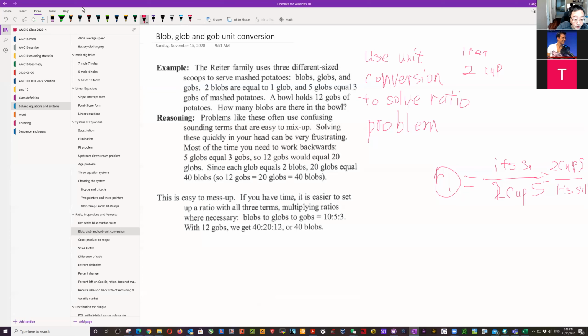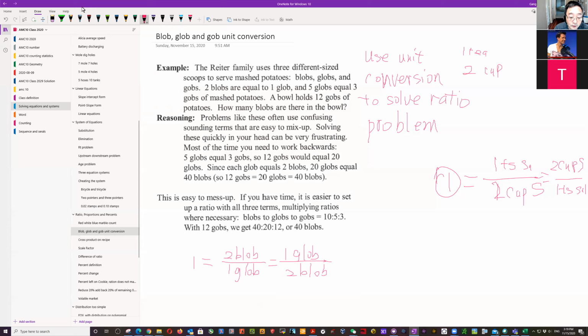So to solve this problem, you will say that 1 equals 2 blob per 1 glob, and equals 1 glob per 2 blob. You have to write this conversion unit in two directions so you can pick which ratio you want to use.